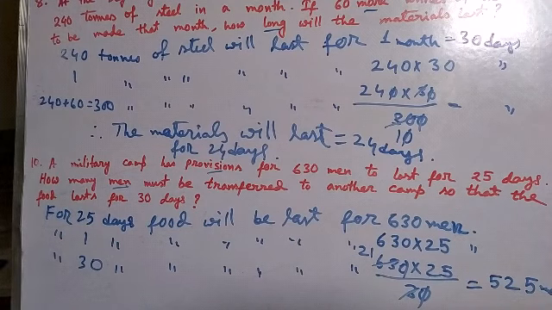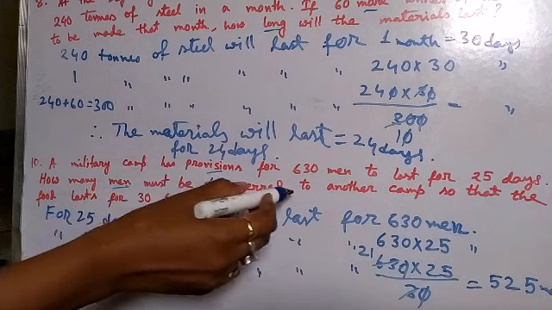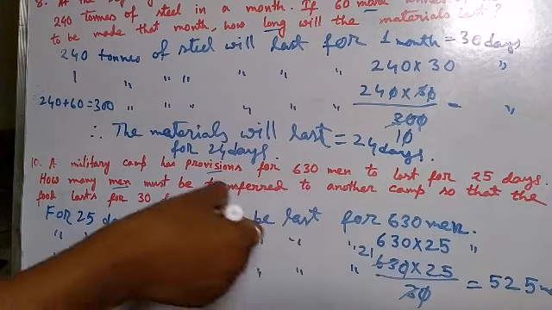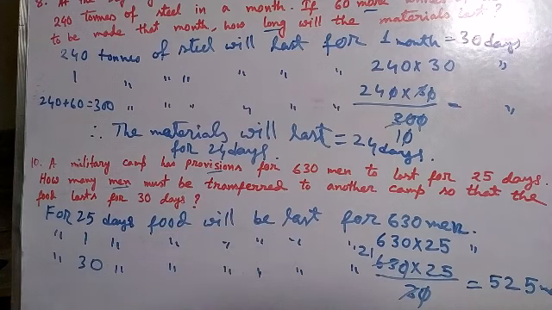So here it is asking how many men must be transferred to another camp. 630 men are there. 525 men are there for 30 days, food lasts for 30 days. So that number of men will be subtracted.